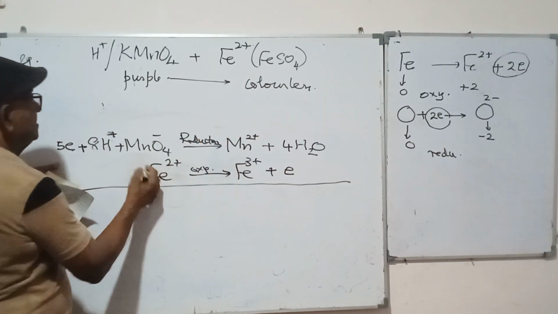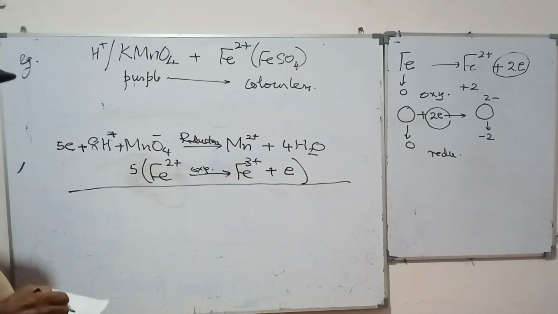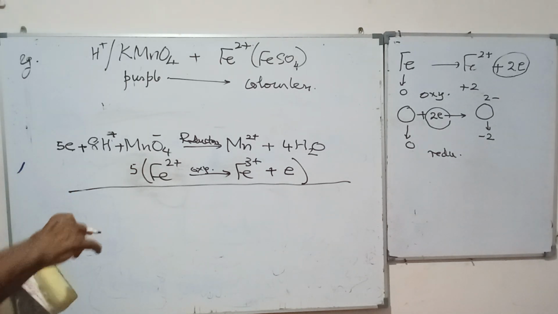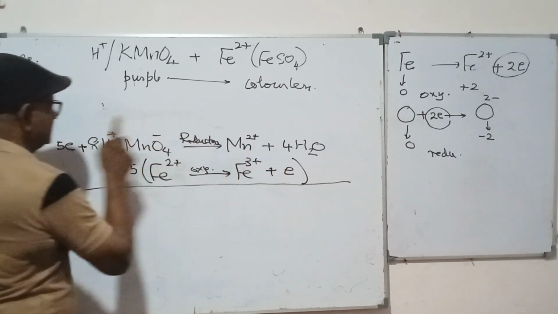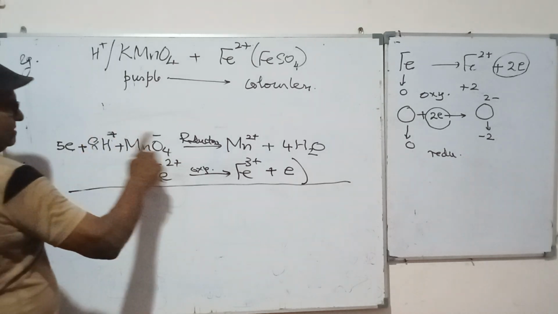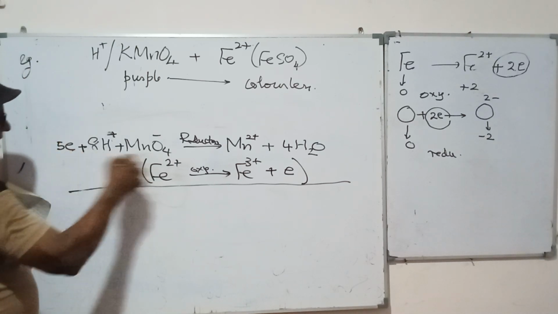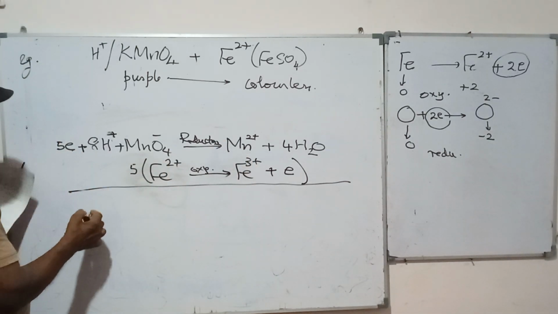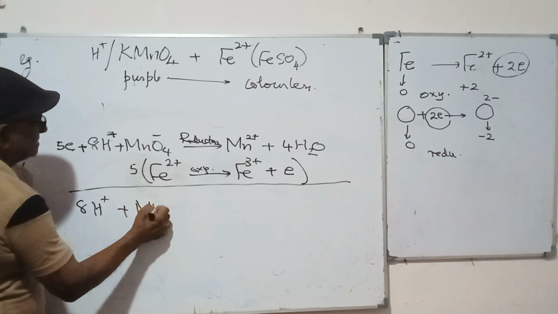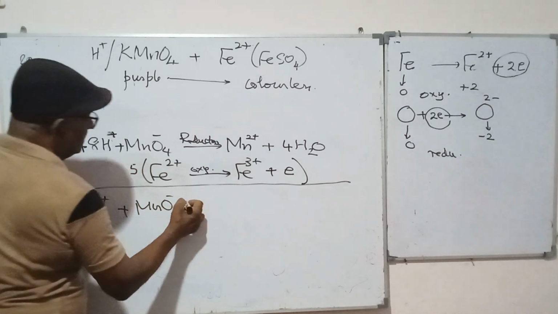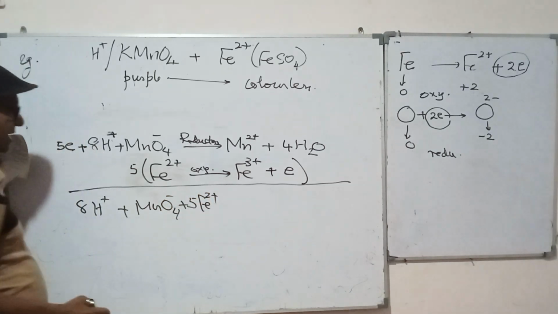To give 5, it should be multiplied by 5. Mathematically, we must equalize the electrons finally by multiplying by 5. Then the electrons cancel, right? Then 8H plus, MnO4 minus, 5Fe2 plus as the reactants.